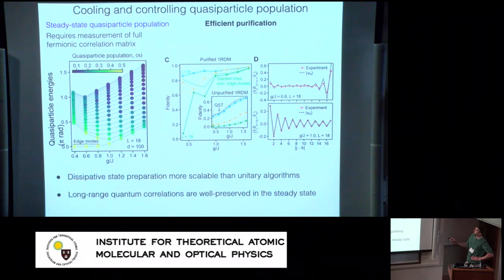From there, you can nicely reproduce the critical correlations at the phase transition point. Another feature that I will not have time to discuss is that we believe that dissipative state preparation is asymptotically more scalable than variational unitary algorithms. So that's another motivation for studying them.